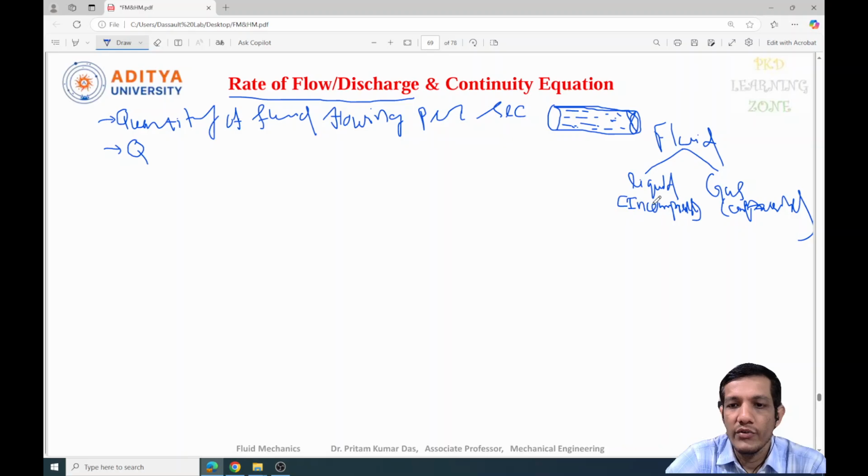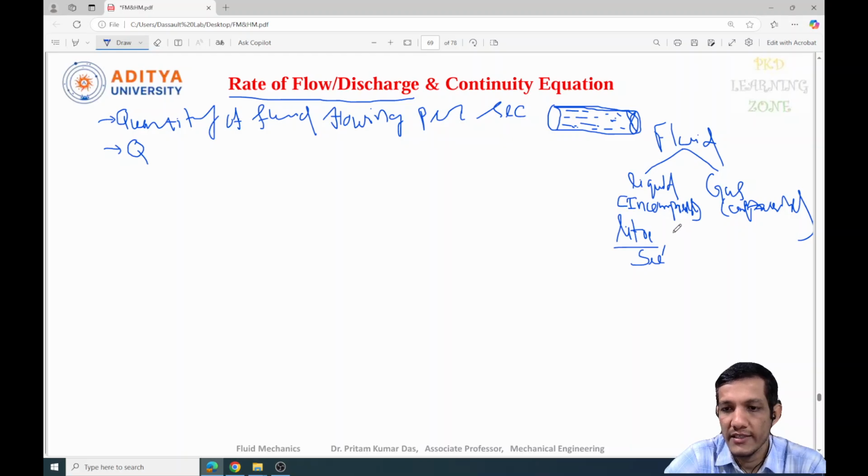For a liquid, we need to indicate the liter per second, that is, the fluid flowing per second. We can write this in terms of liter per second, which means the quantity of fluid flowing per unit second, or we can write volume per second.